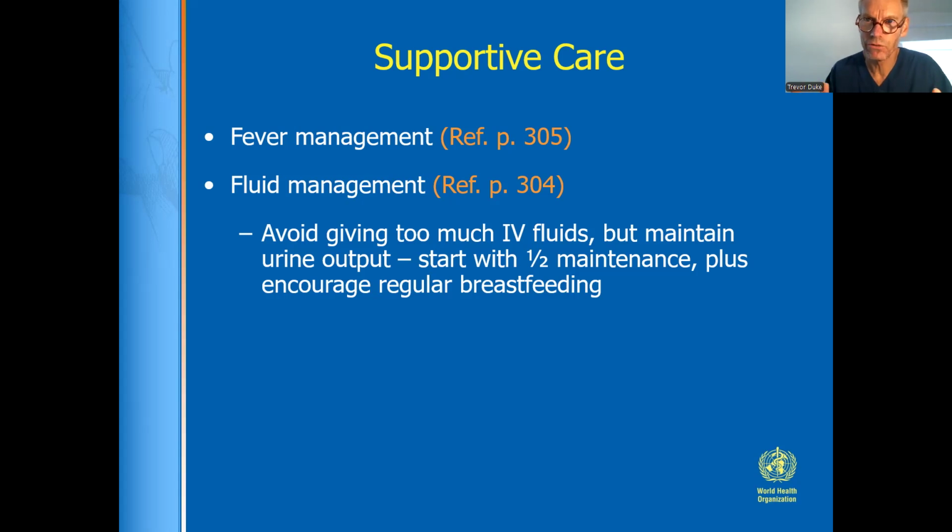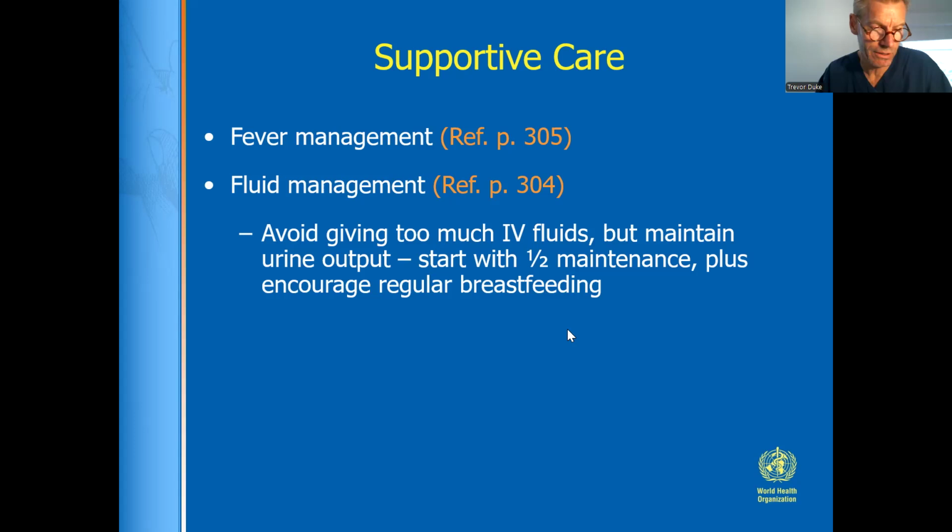In the first 12 hours or so, he might need extra fluid because of his fever, because he was dry and not feeding well, and his blood sugar was a bit low. Remember, 3.9, not very low, but a bit low, and we want to maintain his urine output. So you might give him more than half maintenance to start with, perhaps maintenance fluid for the first 12 hours, but come back and reassess him and make sure that you're not giving too much fluid. Otherwise, he'll get edematous.